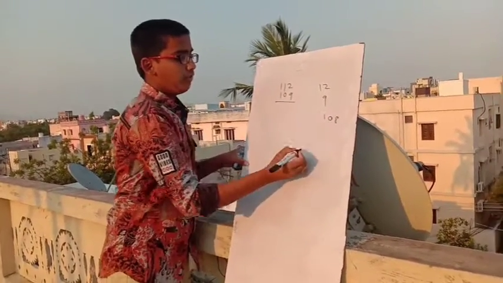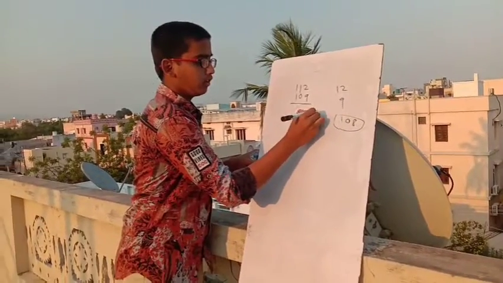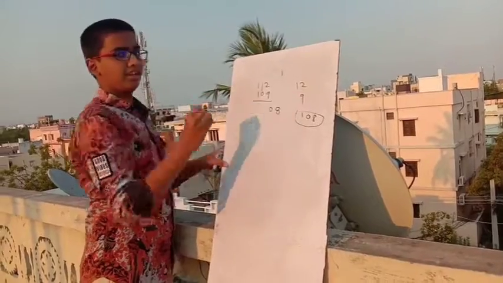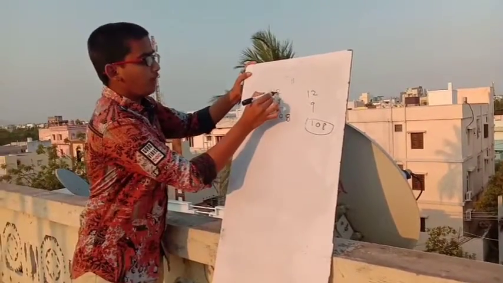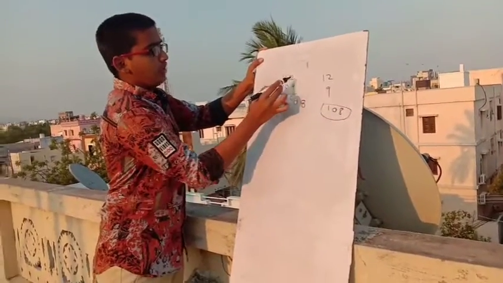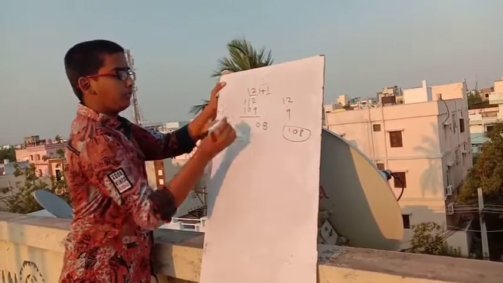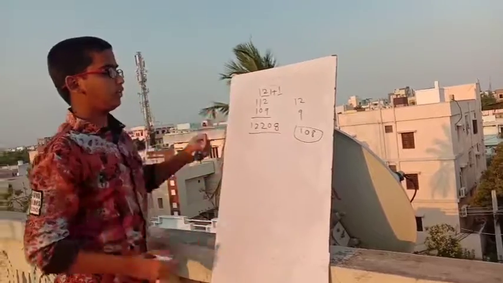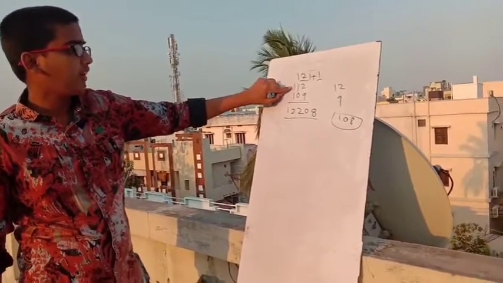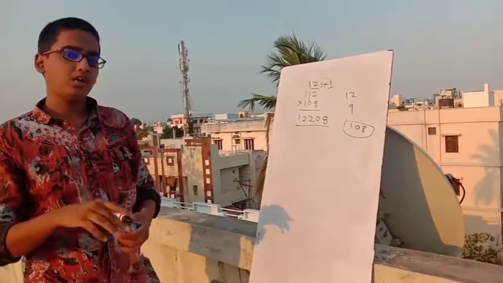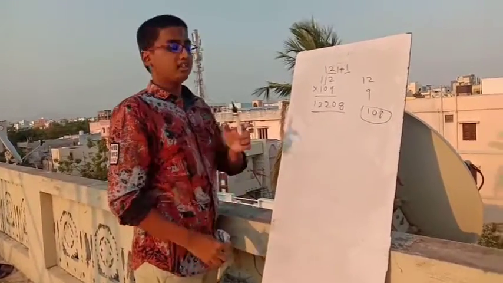We should not write 108 here; we just write 08, and keep the 1 upwards as a carry. Now we add these two, and the answer will be 121. Then we add this 1 to 121, and the answer becomes 122. So the multiplication of 112 times 109 is equal to 12208. You can also check it in a calculator. This is the short trick.